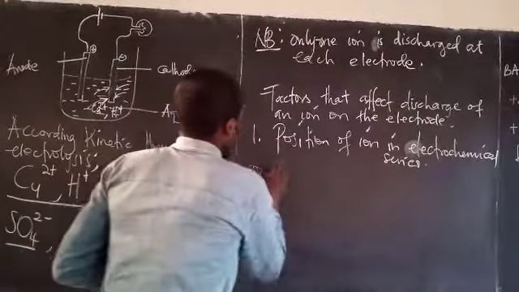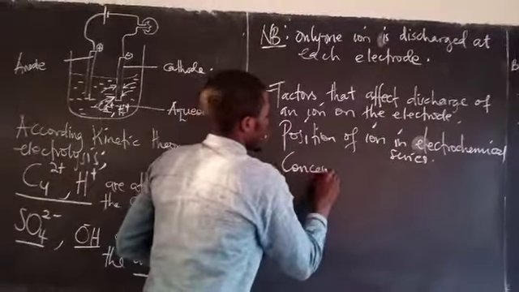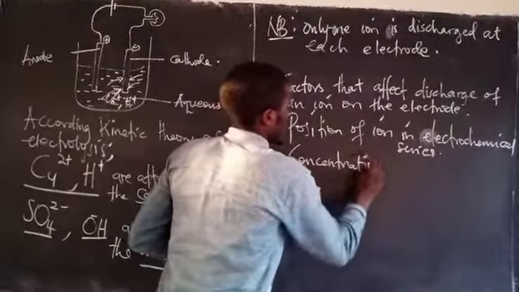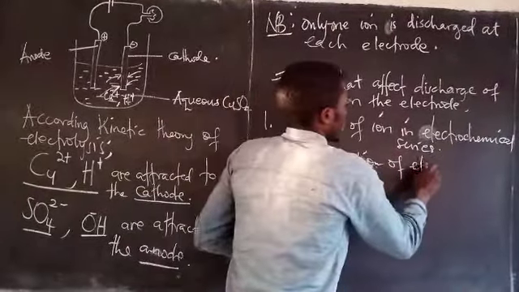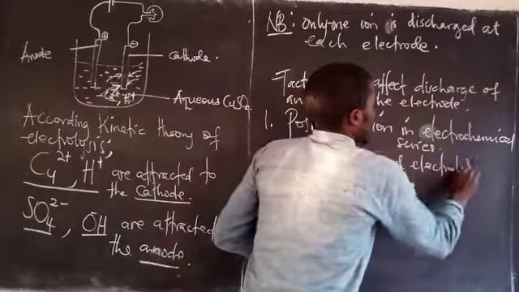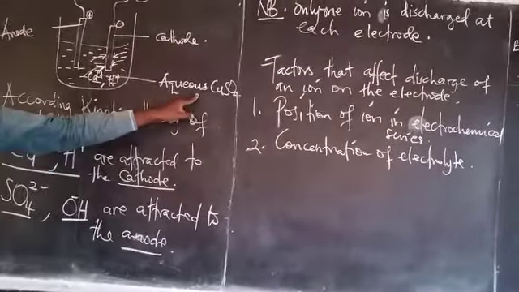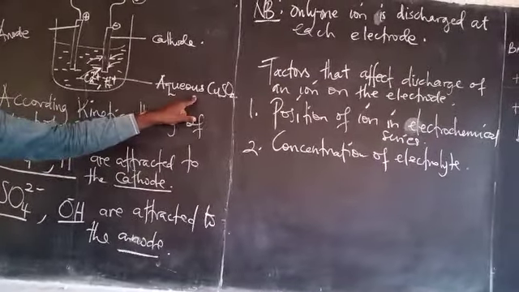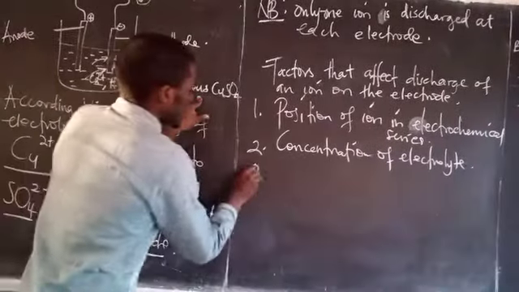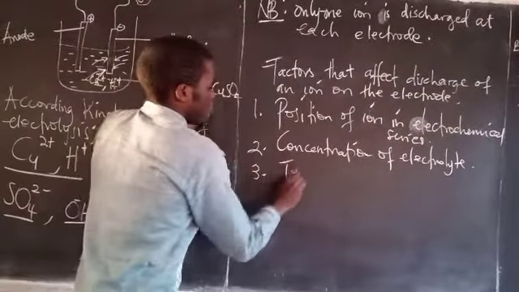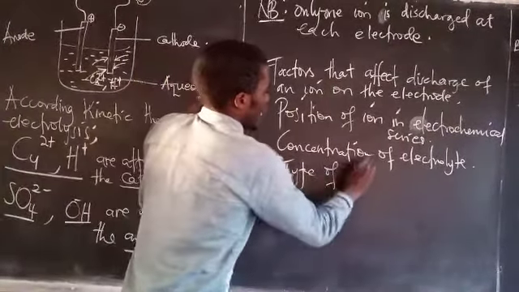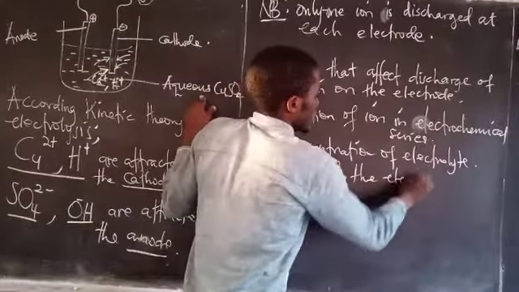Number 2 is the concentration of the electrolyte. So before you predict, you ask yourself, is this electrolyte concentrated or dilute? And the last one is the type of electrodes used.